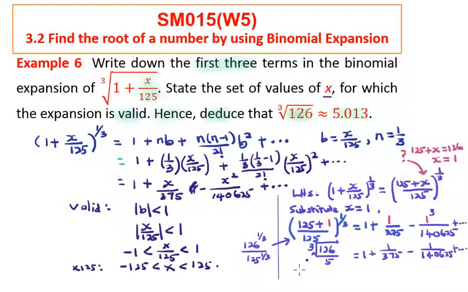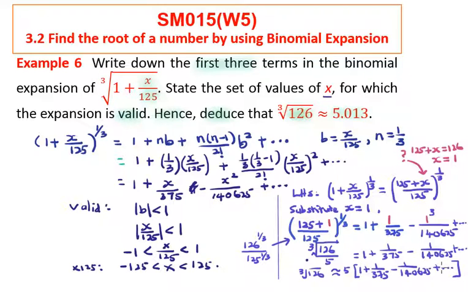So the cube root of 126 is equivalent to 5 times 1 plus 1 over 375 minus 1 over 140625 plus dot dot dot.